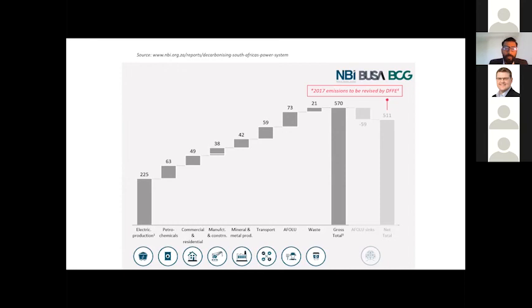And that's followed by petrochemicals, as well as the agriculture, forestry, and land use sectors. These are significant emitters of CO2 and therefore could be quite exposed to things like carbon taxes and other policies and new regulations that might come to bear in the future.